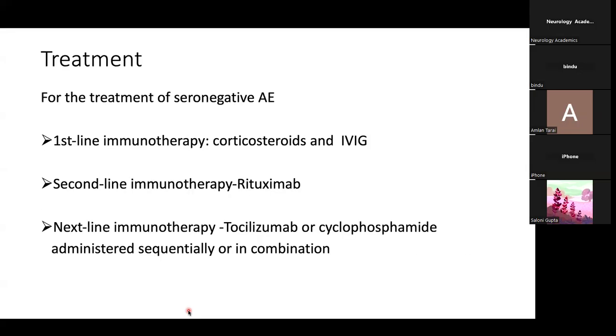In that study, first-line therapy was corticosteroid and IVIG. For second line they used rituximab, and for third line they used tocilizumab or cyclophosphamide, administered sequentially or in combination.